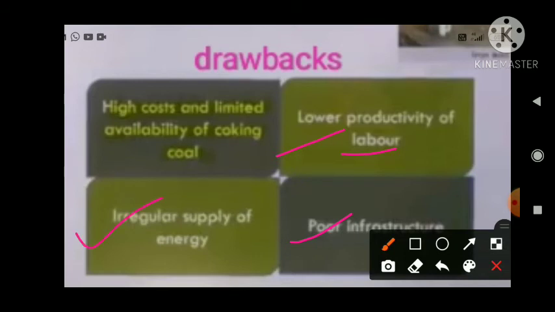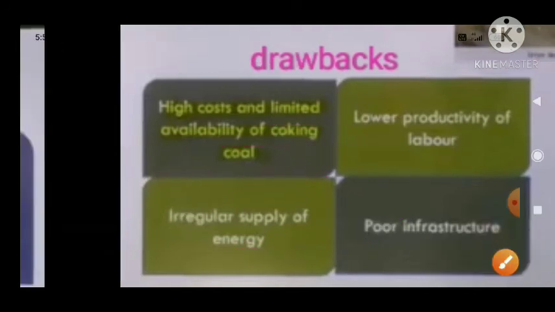Irregular supply of energy; energy is needed as electricity. High cost and limited availability of coking coal. These are the drawbacks.